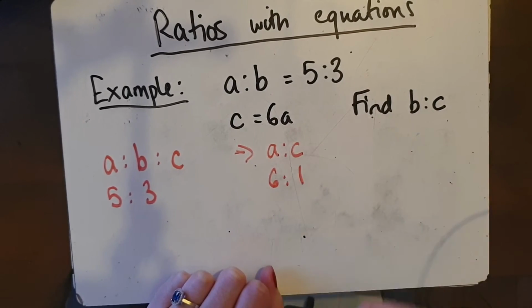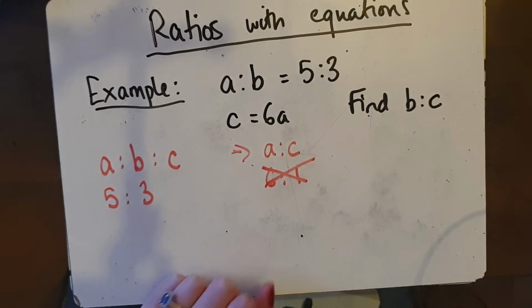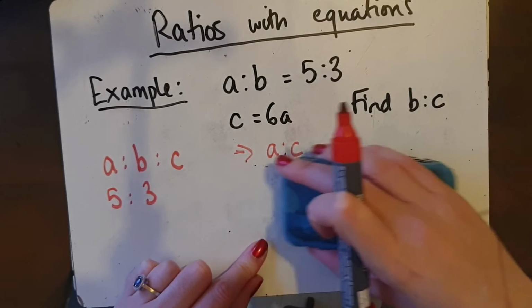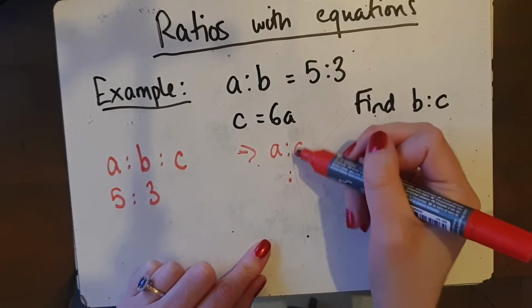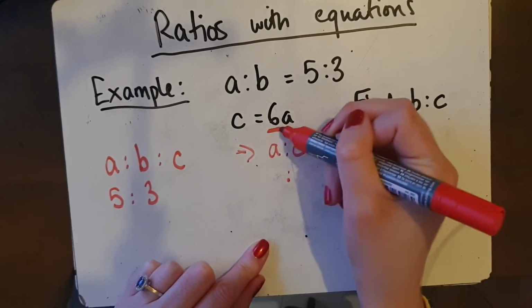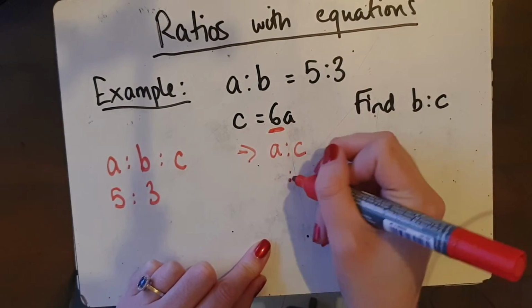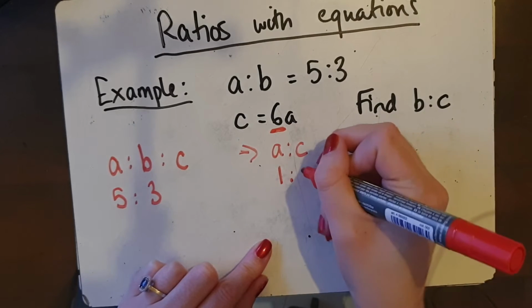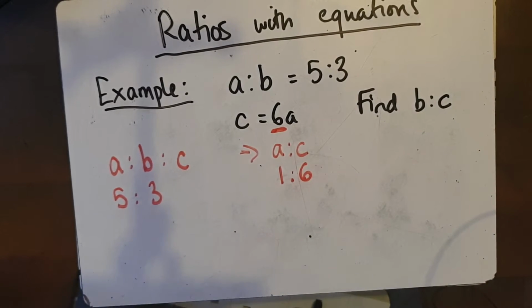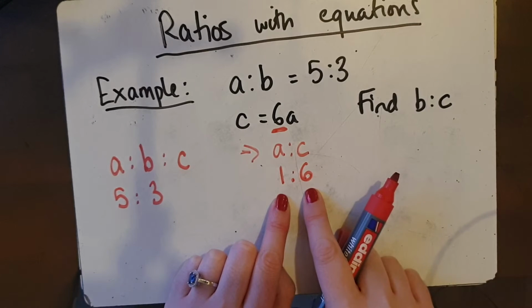It does not imply that. It's actually the other way round. C is worth 6 times more than A is. So when we have 1 lot of A, we have 6 times more of that for C. So the ratio of A to C is 1 to 6.